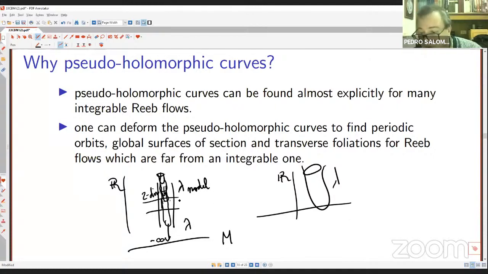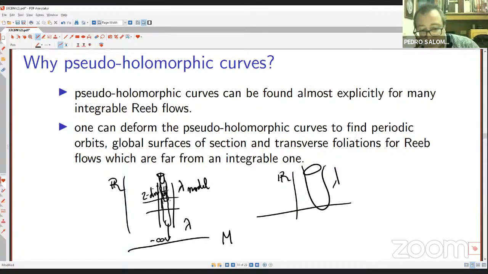So it's not perturbative. Poincaré used a perturbative argument. You have the periodic orbit, the periodic orbit is non-degenerate, so it's preserved. The leaf is transverse to the flow, so it's still preserved. The perturbation is still transverse to the flow, and so it's a perturbative argument. This is not a perturbative argument.